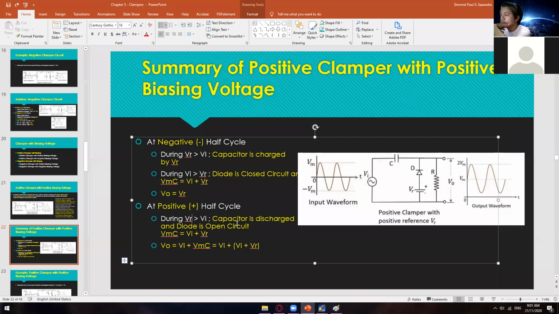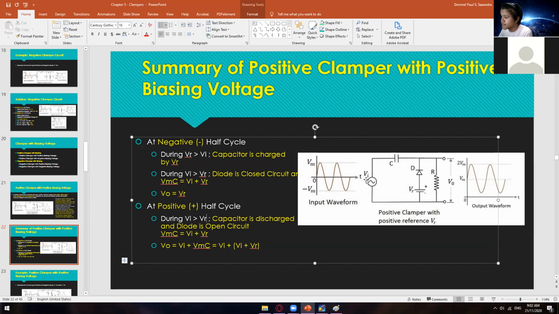And the only time that it will be discharged is if we have a higher V sub I. So V sub I should be greater than V sub R. Okay, so we have a correction here. It should be the other way around. So during V sub I greater than V sub R, positive is connected to the negative and negative is connected to the positive.